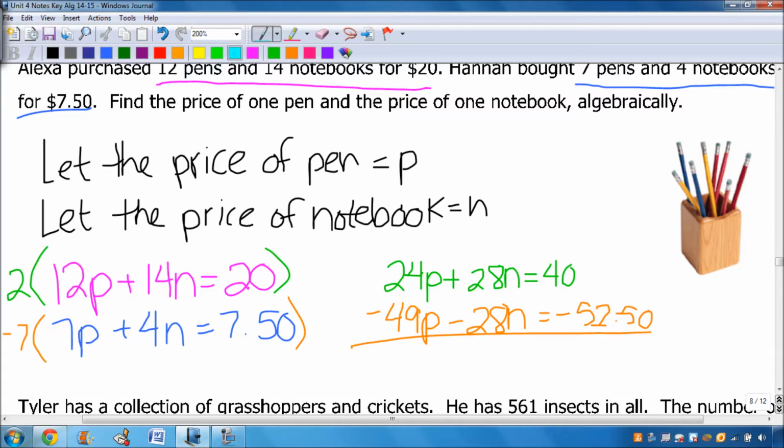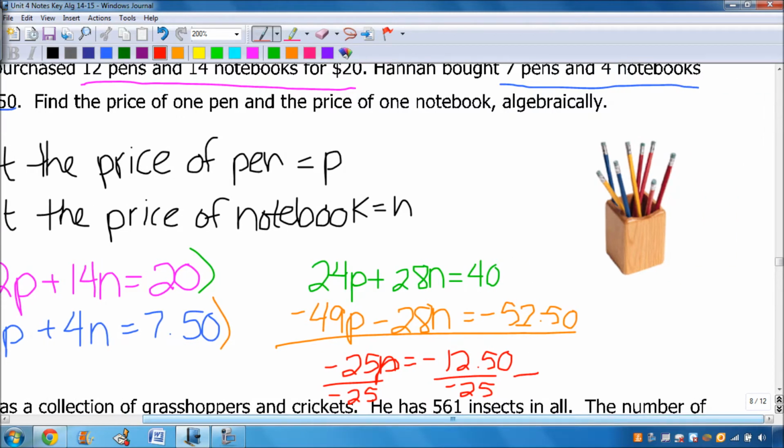And when I add my equations together, I end up getting negative 25p, excuse me, equals negative $12.50. The n's cancel each other out. Divide both sides by negative 25, which means that p is equal to 50 cents.